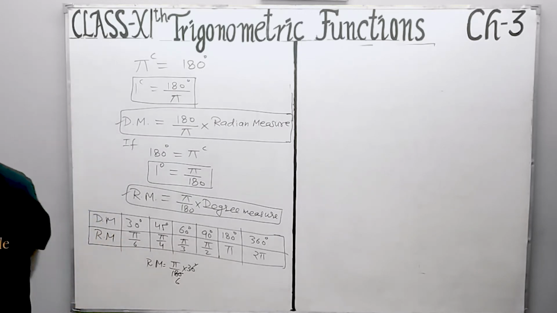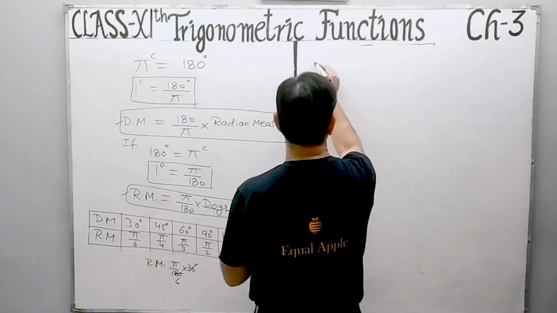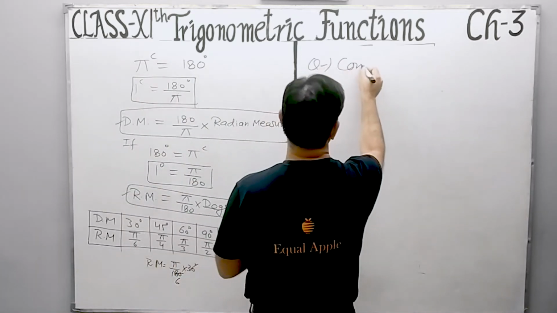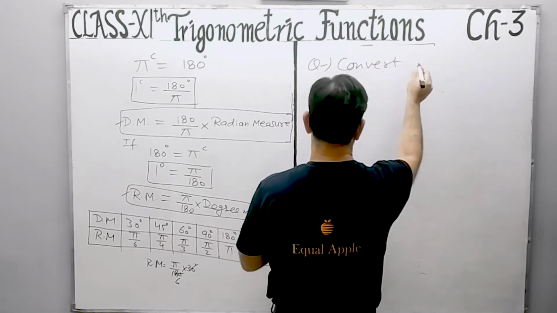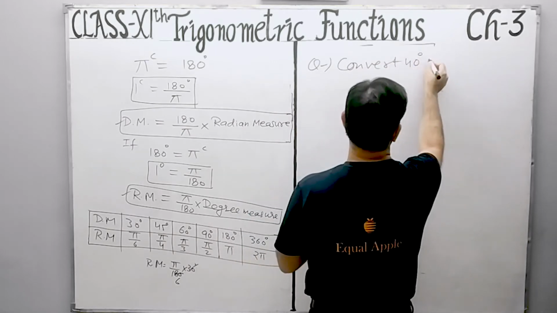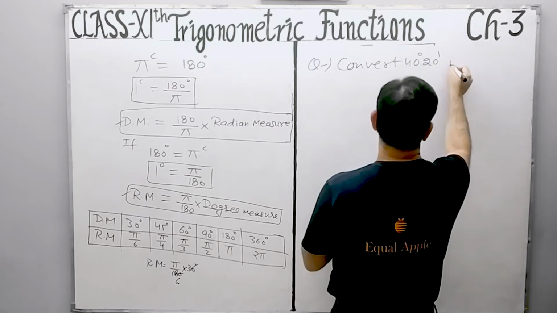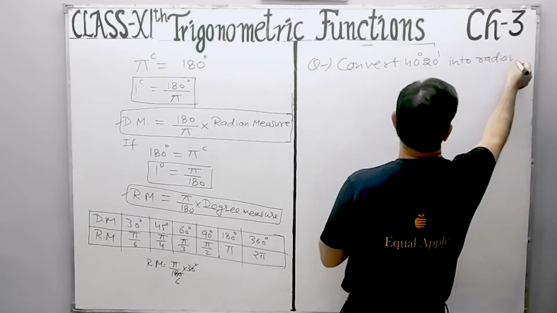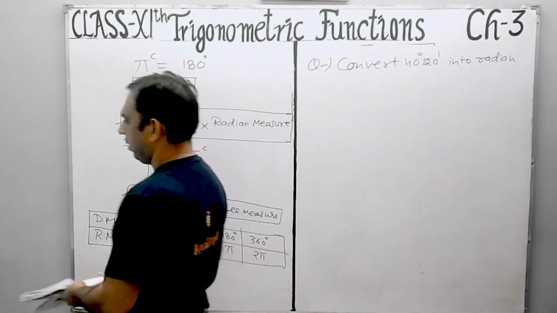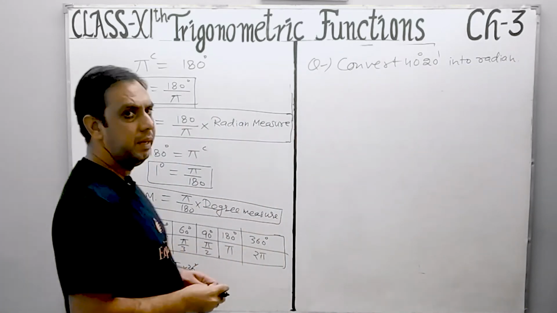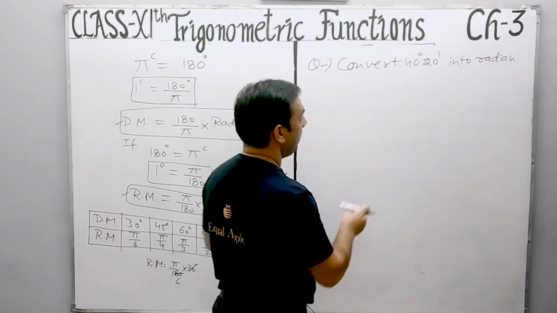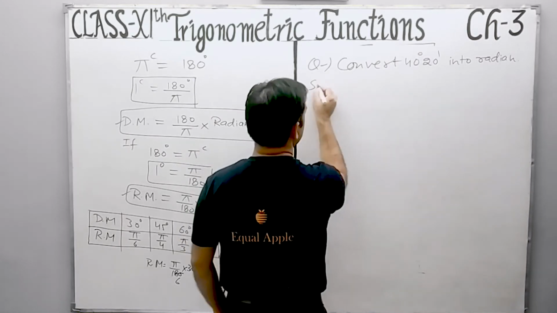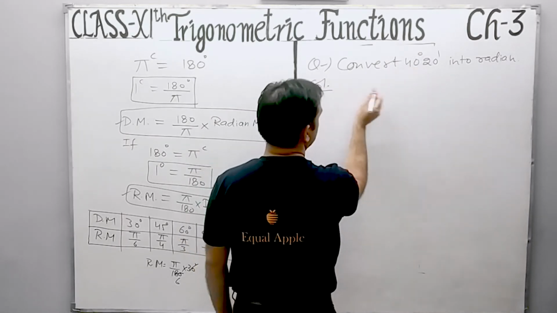Now we will take some questions on how we will convert 40 degree 20 minute into radian, right? So here the question is in degree, so we need to convert it into radian. So first we will convert this.